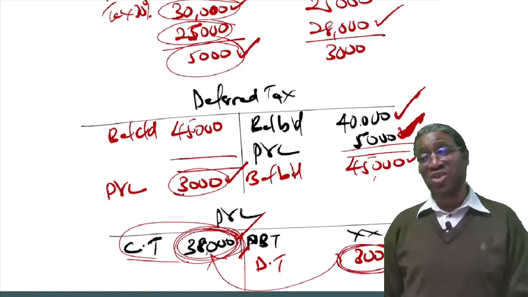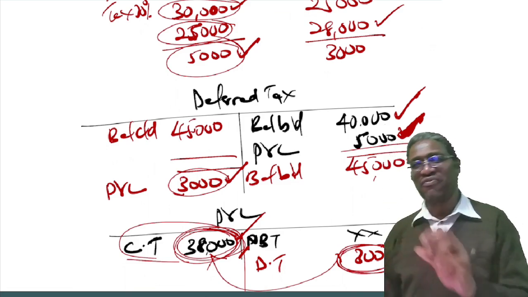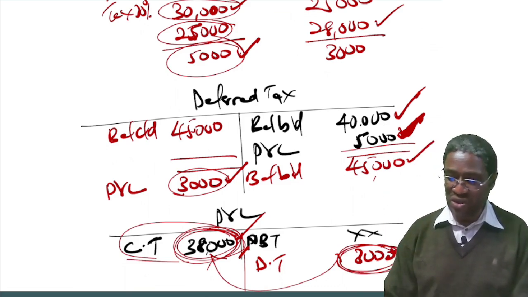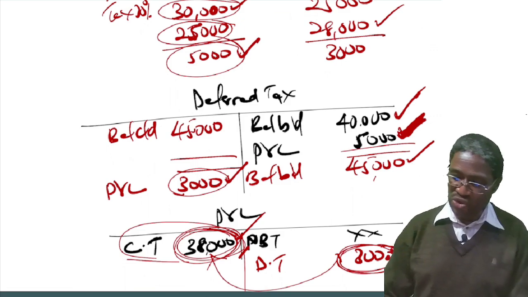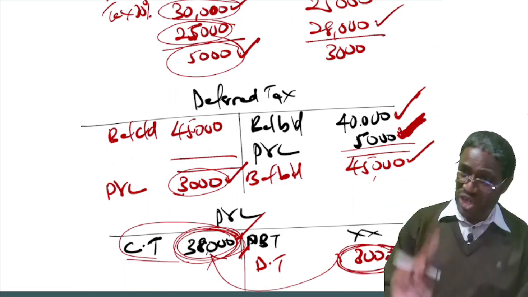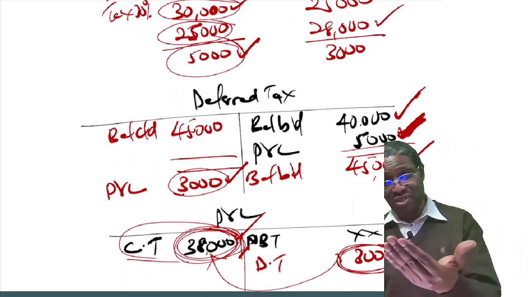So if additional information says deferred tax to be increased by 5,000, then it means you go increase that liability. To increase that liability, you will credit by 5,000. Of course, you will debit P&L account. You credit deferred tax by 5,000, you debit P&L account. When you are debiting P&L account, of course, you are increasing the debit.